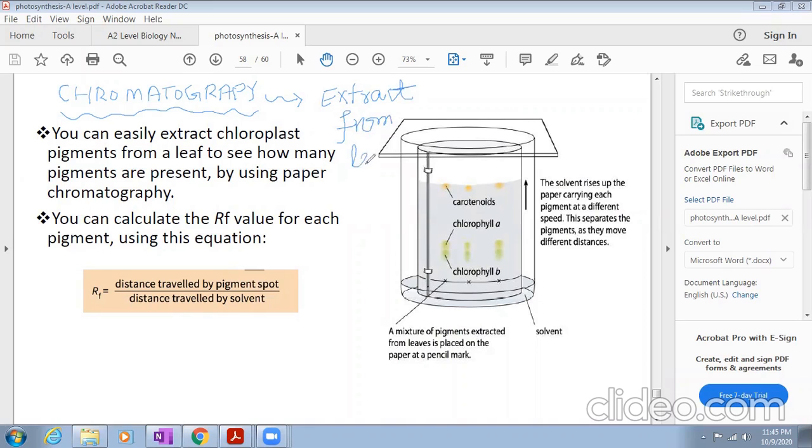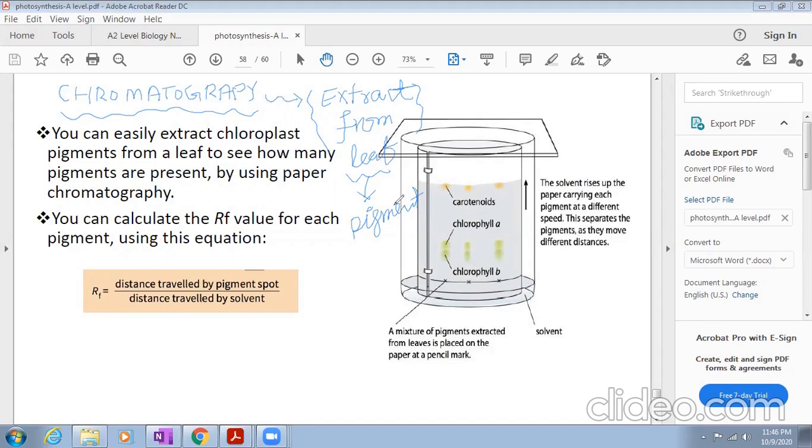That green extract that we isolated from the plant leaf has different pigments, right? These different pigments are carotenoid, chlorophyll A, and chlorophyll B. So we can separate these three pigments from each other on the basis of solubility in a solvent, right?